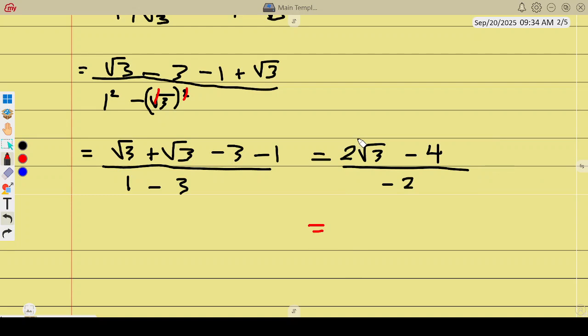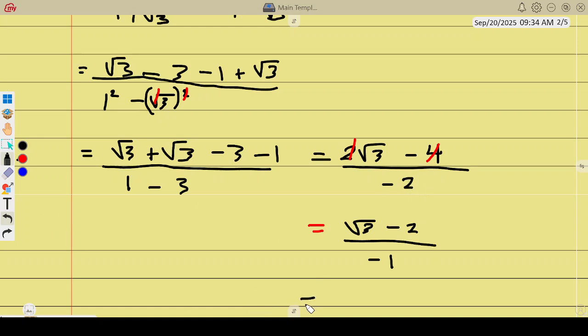When we divide 2 into 2, it's 1. So we're just going to write root 3, or if you want you can say 1 root 3, minus here 4 divided by 2 is 2 over negative 1. 2 divided by 2 is negative 1.